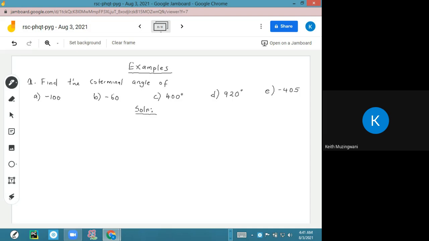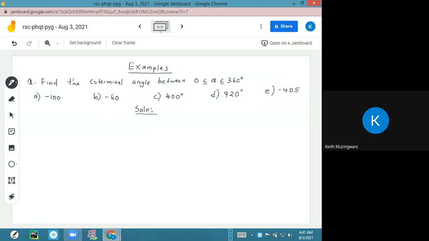What are we looking for? We're looking for coterminal angles. And what are coterminal angles? Whenever they ask you for the coterminal angles, they'll give you an interval where they must fall, because there are so many. So find the coterminal angles. Let me give an interval: 0 less than theta less than 360.